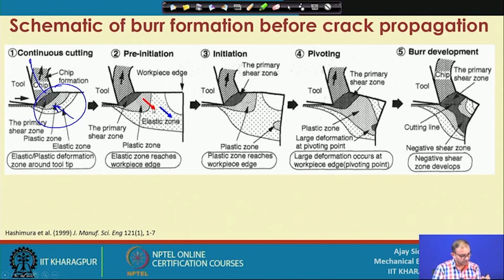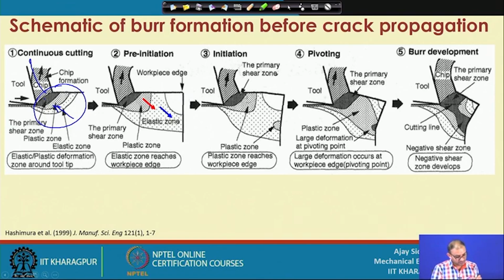Your plastic zone will expand in this direction, the elastic zone expands further, and the elastic zone reaches the workpiece. Because you are continuously pushing your tool in this direction, you are expanding the elastic plastic zone also, and as you continue, the elastic zone reaches the edge of the workpiece.